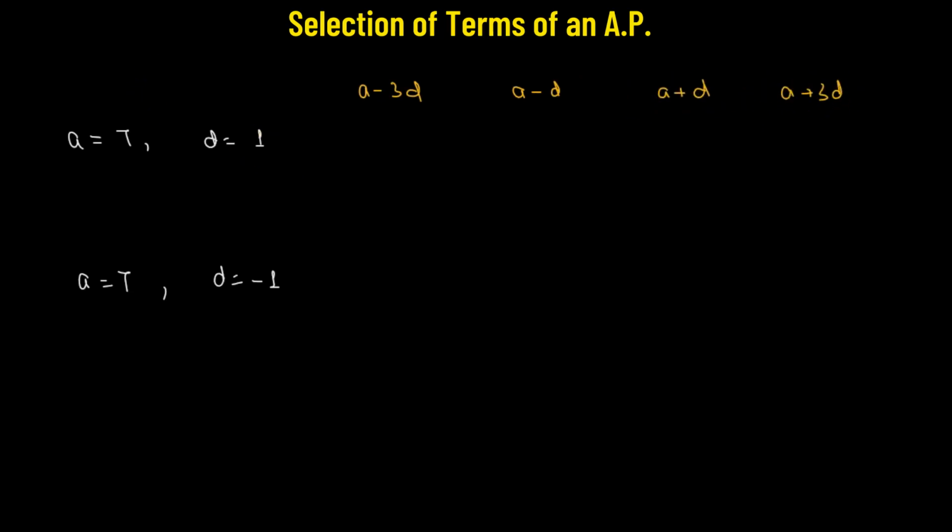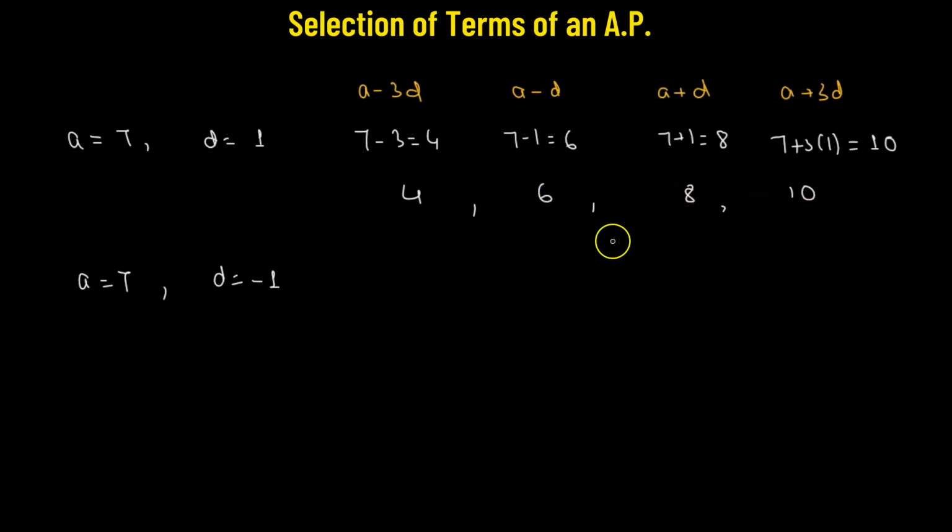Fine, let's find out the values. 7 minus 3 is equal to 4. Then A minus D, that's 7 minus 1, gives us 6. Then A plus D, that's 7 plus 1, equals 8. And A plus 3D, that's 7 plus 3 times 1, equals 10. So here we have obtained the values 4, 6, 8, and 10. These are the four numbers that are in AP.